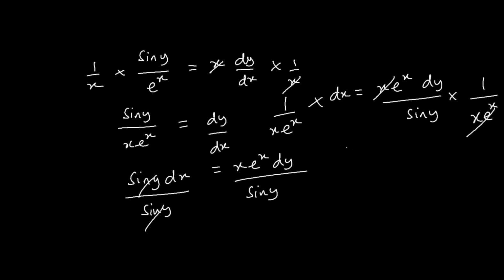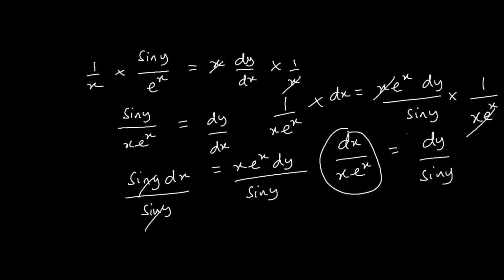So I then have dx over x times e to the power x equals dy over sine y. So at the end, we have separated the variables. On the left hand side, you have the terms with the x variable, and on the right hand side, you have the terms with the y variable. So let's take some examples to help us understand this better.